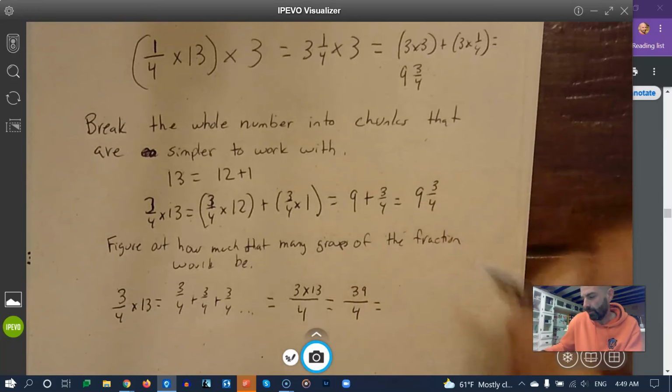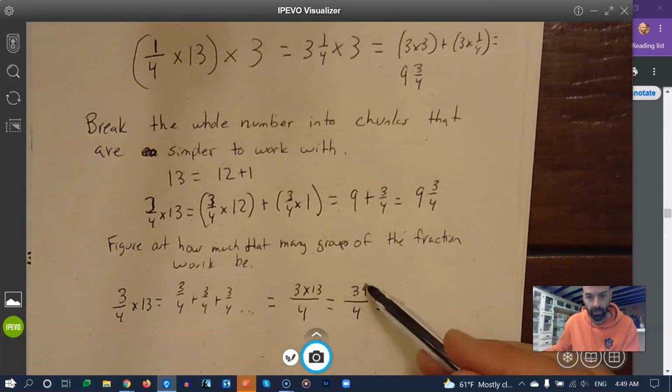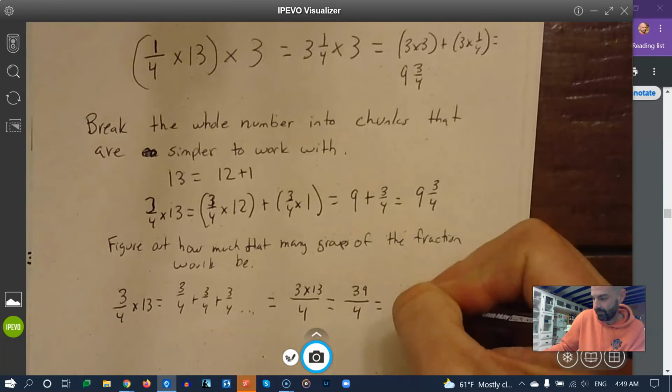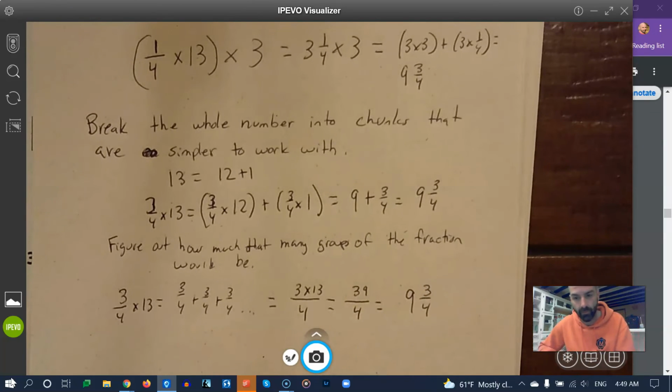And so 39/4, we think about how many whole ones are in this. So we look at 4. So every 4/4 is one whole. We have 39. So I can pull out 36/4, which is 9. And we have 3/4 left over.